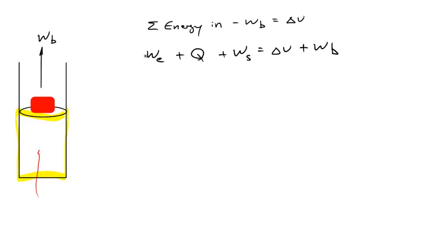What I'm trying to say is that if we've got 1 kilojoule of electrical work, 1 kilojoule of heat, plus 1 kilojoule of shaft work that crossed the system boundary, that will equal a 3 kilojoule increase in the enthalpy.